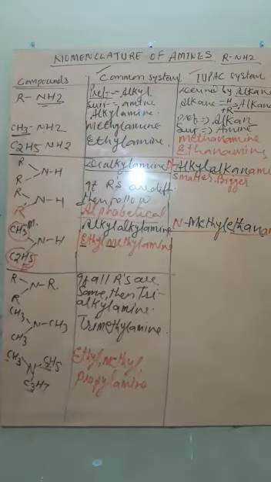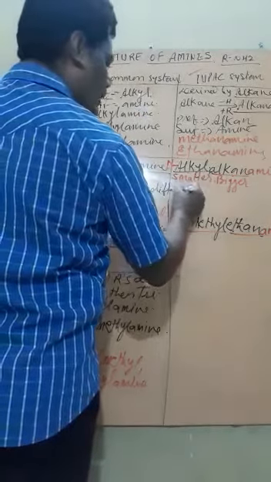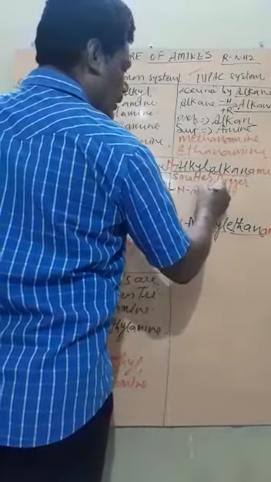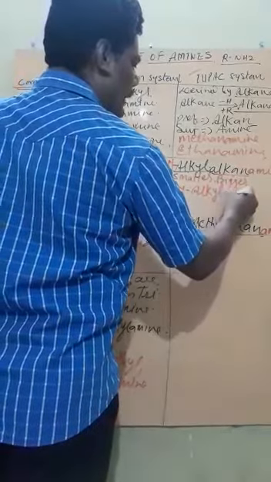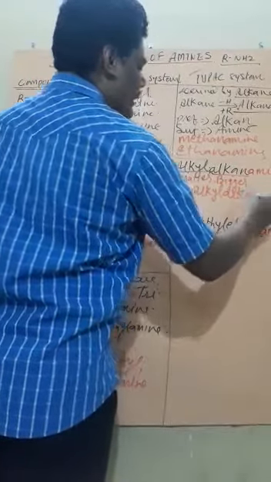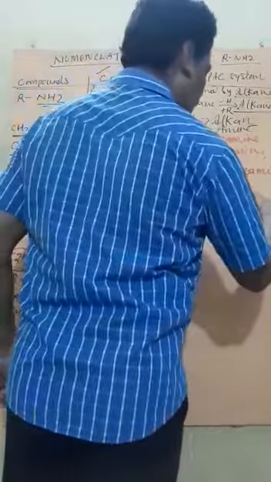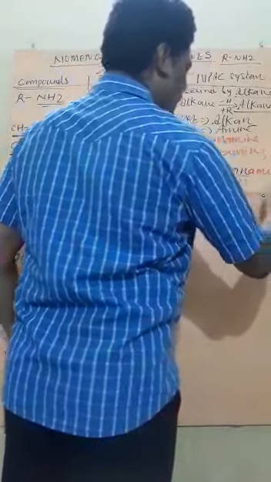Or here simply you can write N-alkyl alkanamine. Now, student, in the case of tertiary amine, again there may be three different types of R, or they may be the same type of R. Like here, the same type of R is there: three methyl groups.